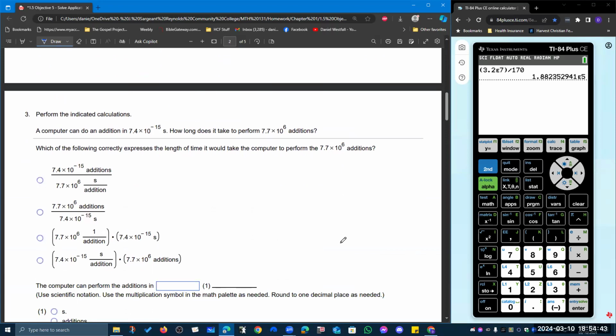A computer can do an addition in 7.4 times 10 to the negative 15th seconds. How long does it take to perform 7.7 times 10 to the 6th additions?